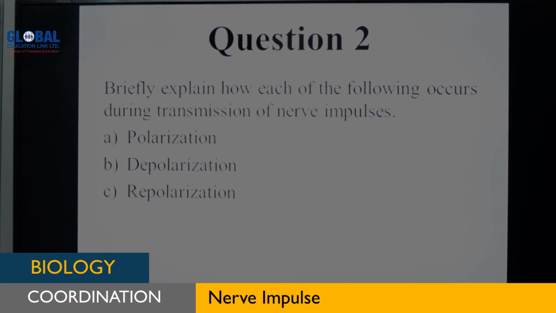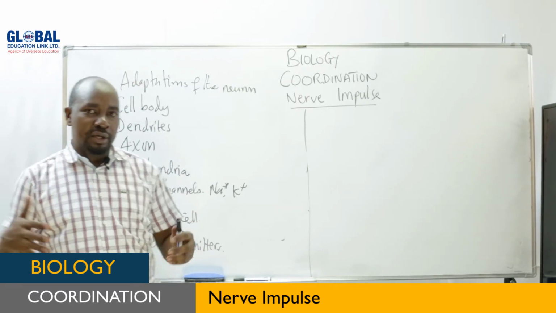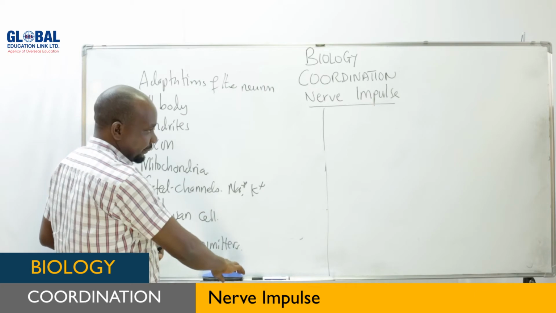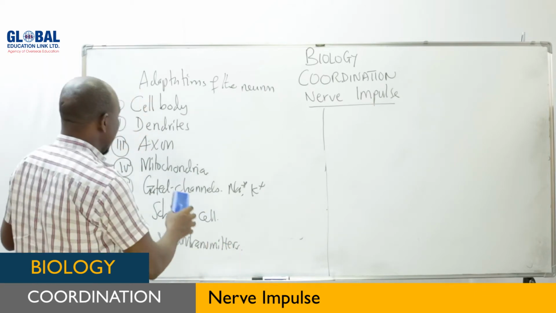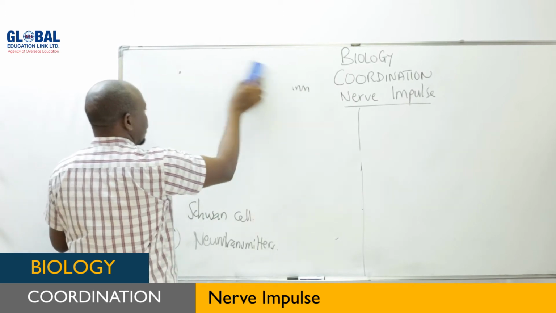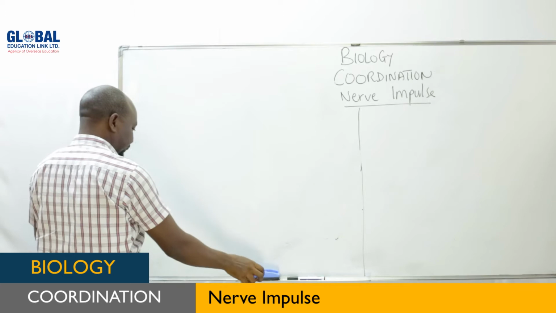B. Depolarization. And C. Repolarization. These are used in nerve transmission, and they are mainly characterized by ion changes, or change in ion concentration.